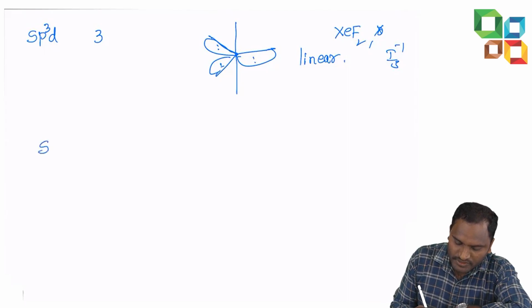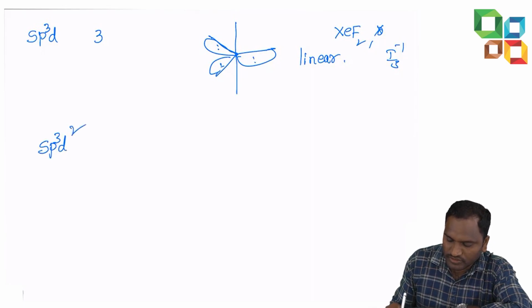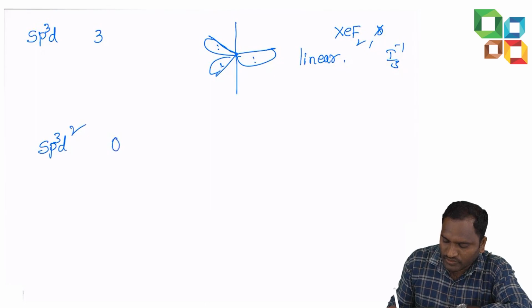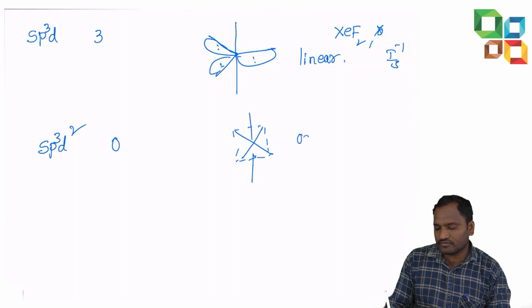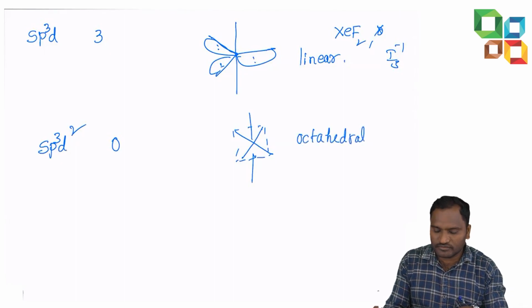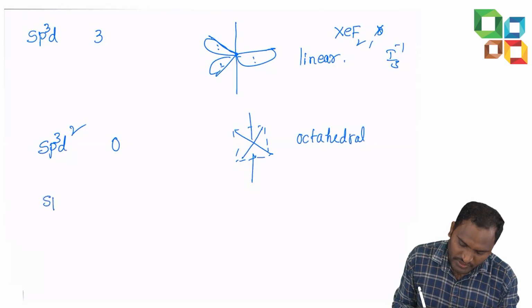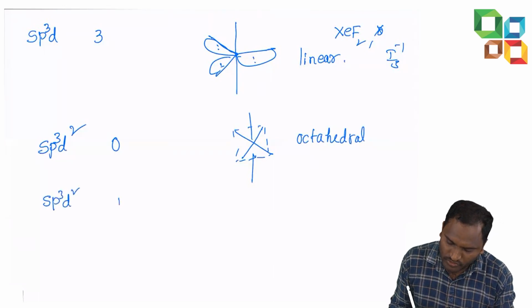Next one, sp3d2, with zero lone pairs. What is the regular geometry, students? Octahedral. How will it distort? sp3d2, there is one lone pair.